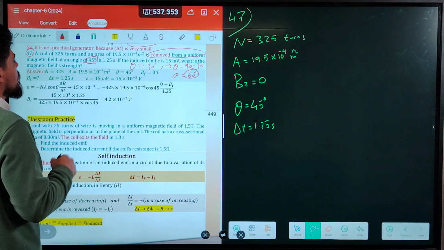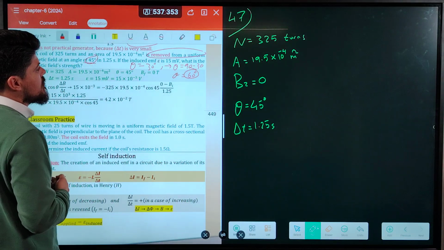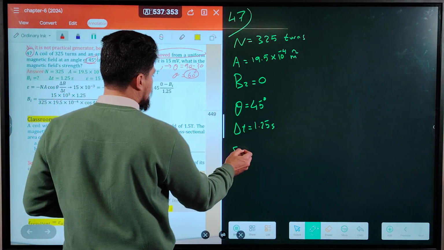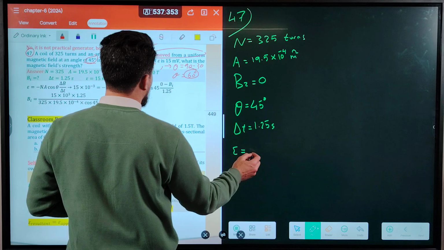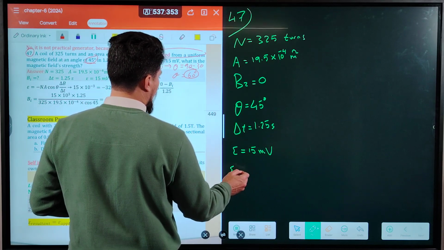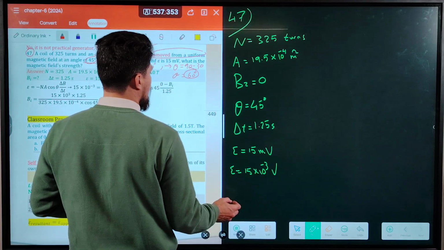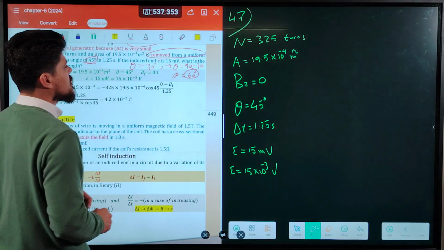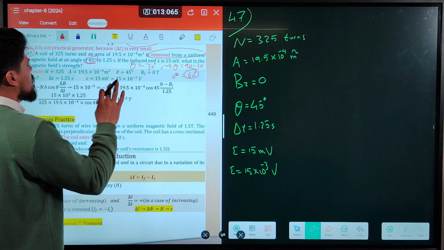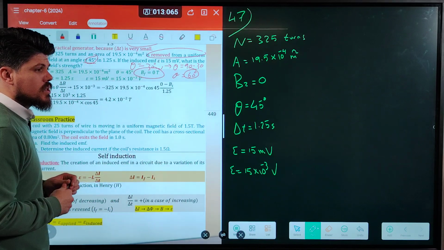In how many seconds? Time of 1.25 seconds. The induced EMF is equal to 15 millivolts. You have to convert to volts: 15 times 10 power negative 3 volts. But guys, is this EMF positive or negative, and why? Look at the question. Because the coil is removed, B final, B2, is 0.